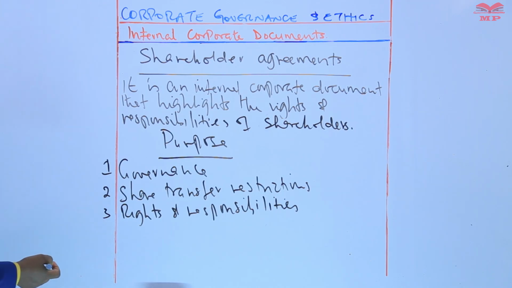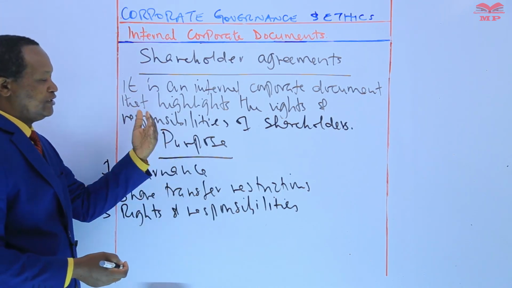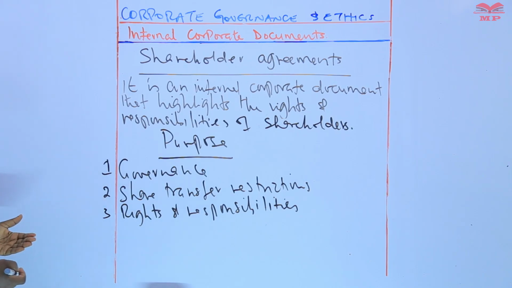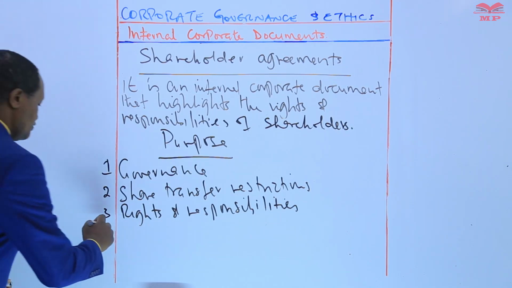So this document highlights the rights and responsibilities of the shareholders. That is the third purpose.